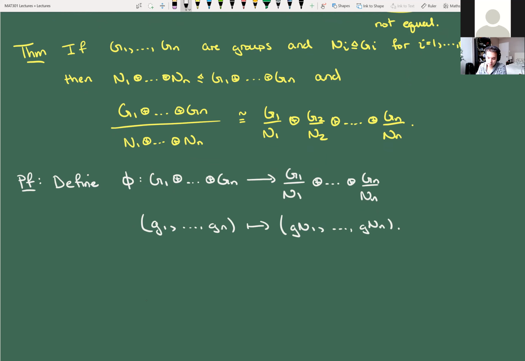It's very easy to check that this is a homomorphism. Okay, very easy to check. In fact, it's surjective. Maybe let's say that. So check this is surjective. Is it obvious though?